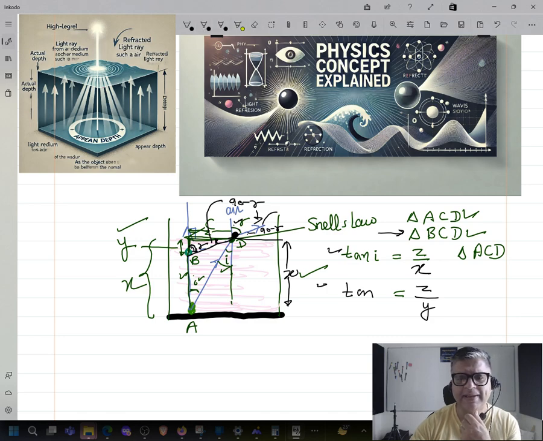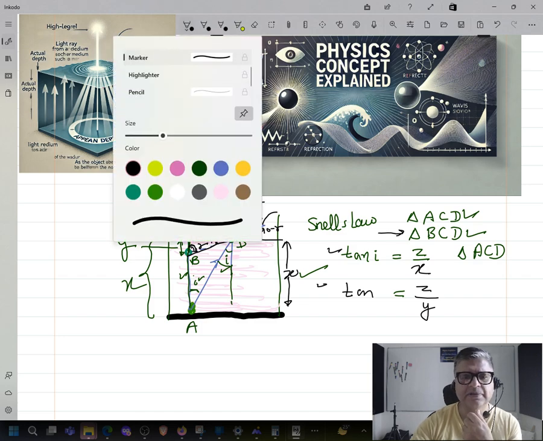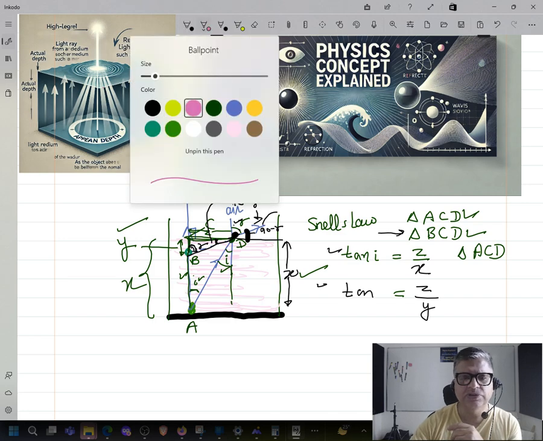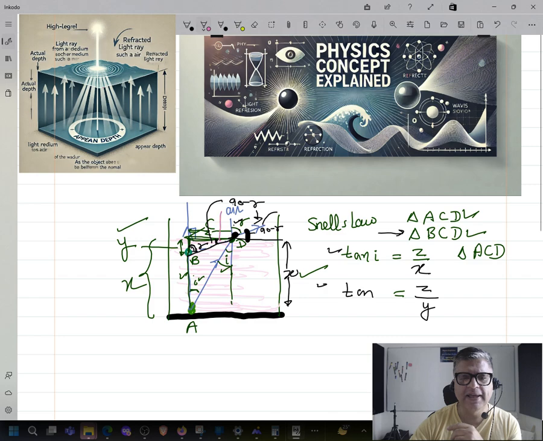I know it's a bit messy, but this is the way it looks. This angle was R, this is 90 minus R. The opposite angle is also 90 minus R, which I have labeled already. And then this is a right angle triangle, so this is R.